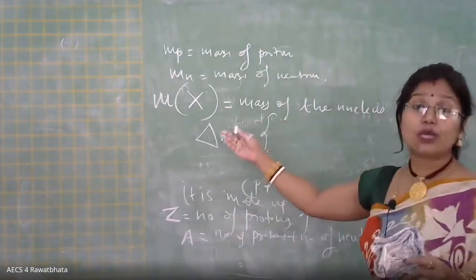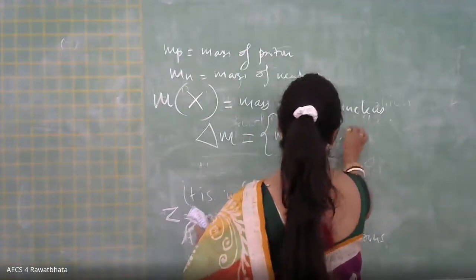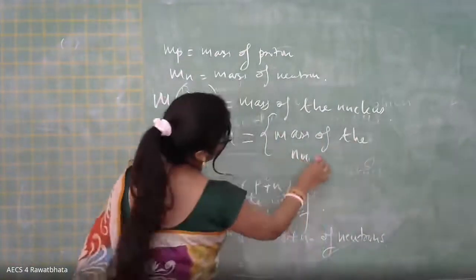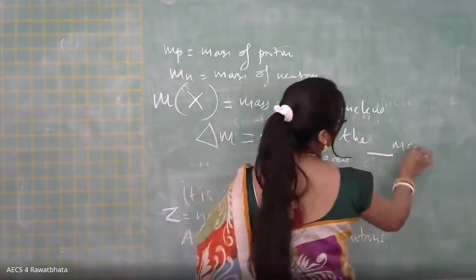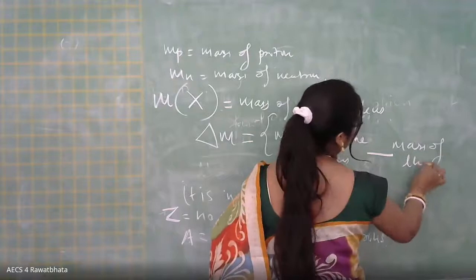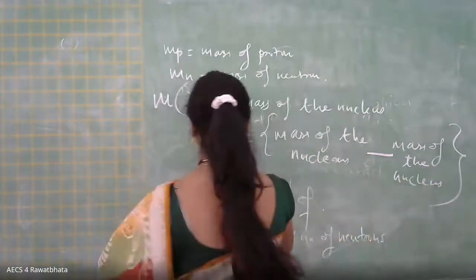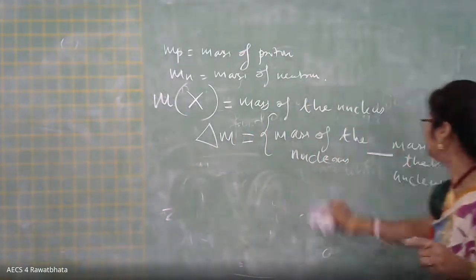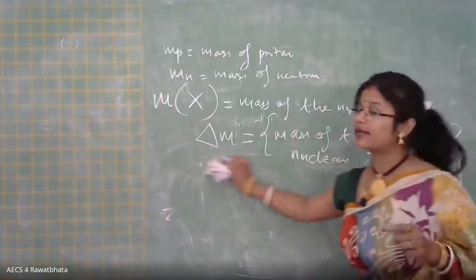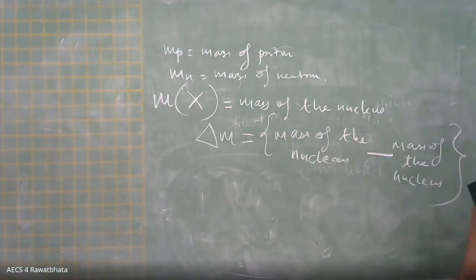Since the mass of the nucleons is more, I can write that delta M is equal to the mass of the nucleons minus the mass of the nucleus. Now here, mass of the nucleons means we have the protons and the neutrons.